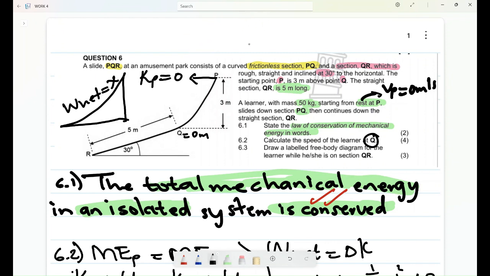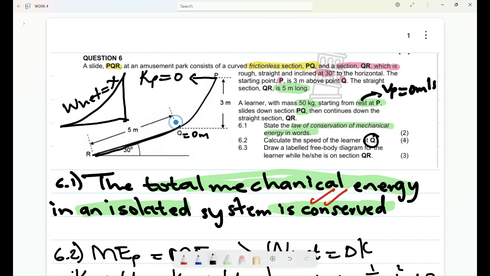So when you are dealing with an incline like this, do not use WNet. I know I said it is applicable everywhere, but do not use it on a curved surface. But in this case, it is not curved. They told you it is a straight section, QR.